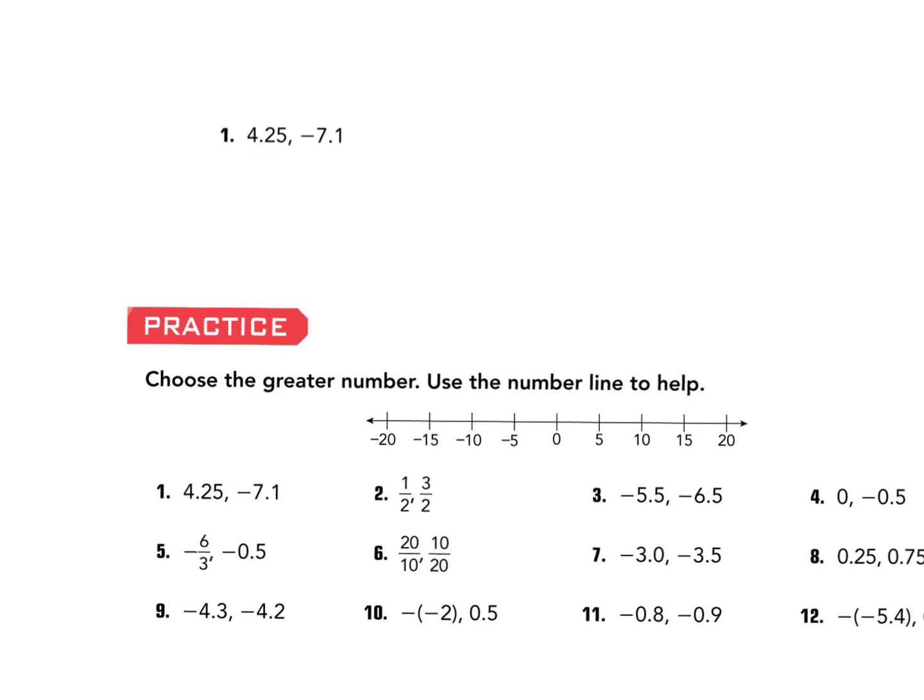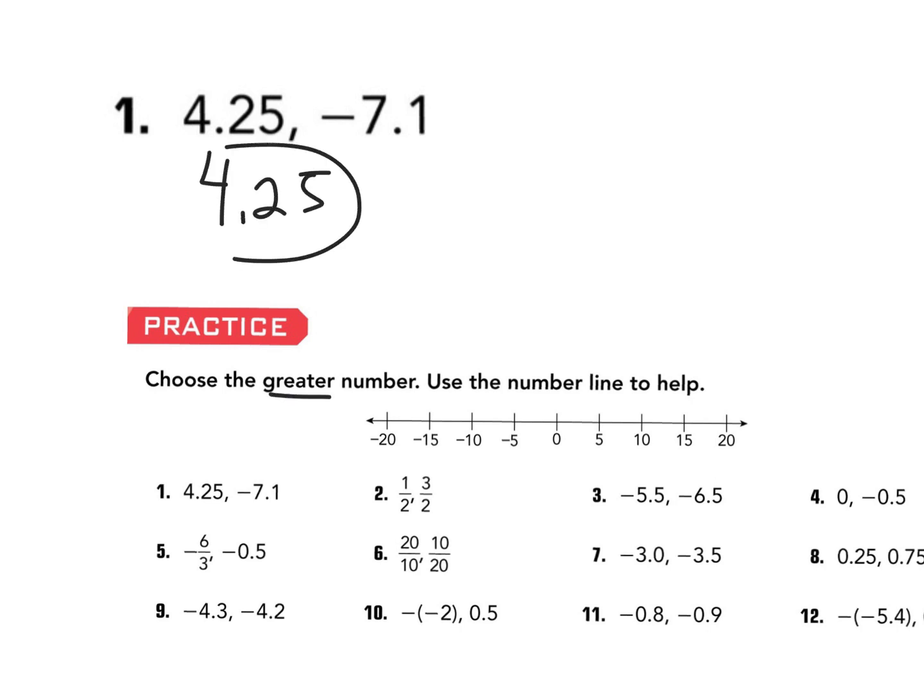On number 1, one of the numbers is positive and one's negative. So we know that the positive number is always going to be bigger, and so the greater number we're choosing here would be 4 2500ths.